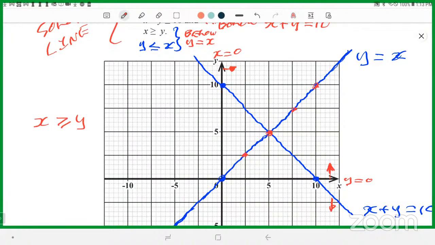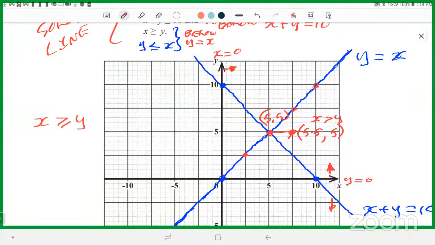This point is 5, 5 on the line. The X and the Y value are equal. If I come to the right of the line, the X value here becomes 5.5 and the Y value is still 5. So you see that your X value is greater than the Y value.